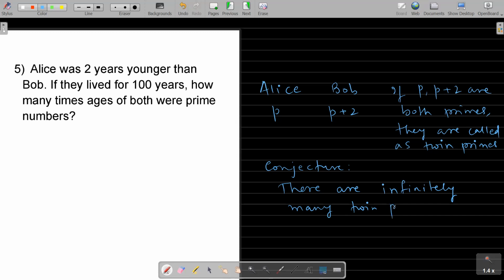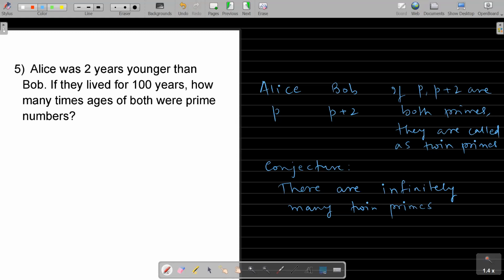So if there are infinite prime numbers, then there should be infinite twin prime numbers. Why is that so? Because as long as there are prime numbers, there are also going to be twin primes. But why, later on, after some stage, will there be more gaps in primes and not just a difference of two?